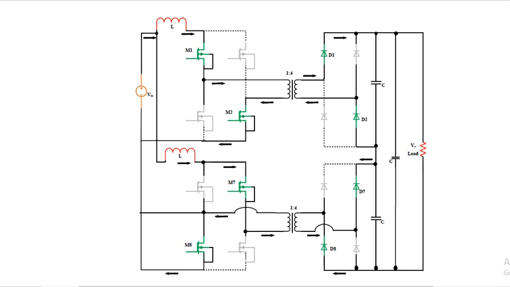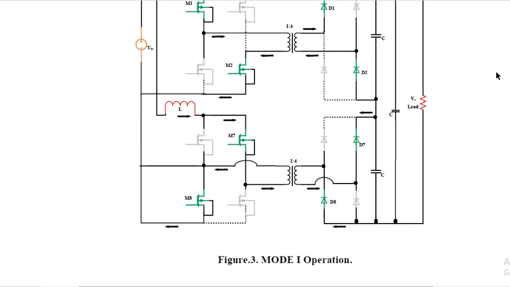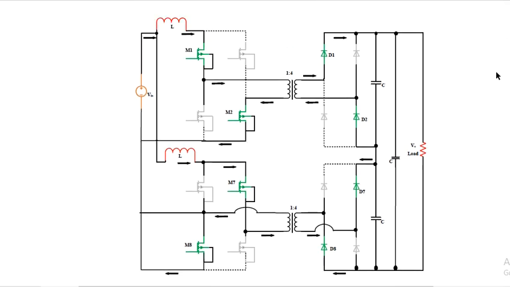Now I will tell you the modes of operation I used for this topology. This is mode 1 operation, you can see in figure 3. In this mode, MOSFET M1 and MOSFET M2 and diodes D1 and D2 in the upper leg are on.